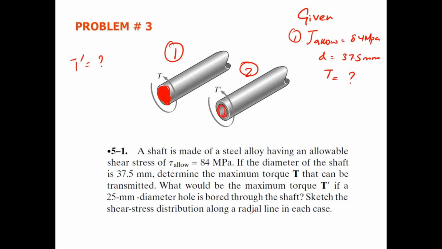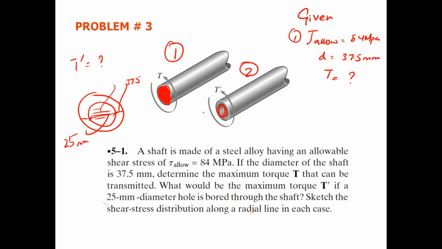This is a circular shaft, but it is hollow. This is a new hole, and the diameter, initially it was 37.5, and then from here to here it will be 25 millimeter. Sketch the stress distribution along a radial line in each case.